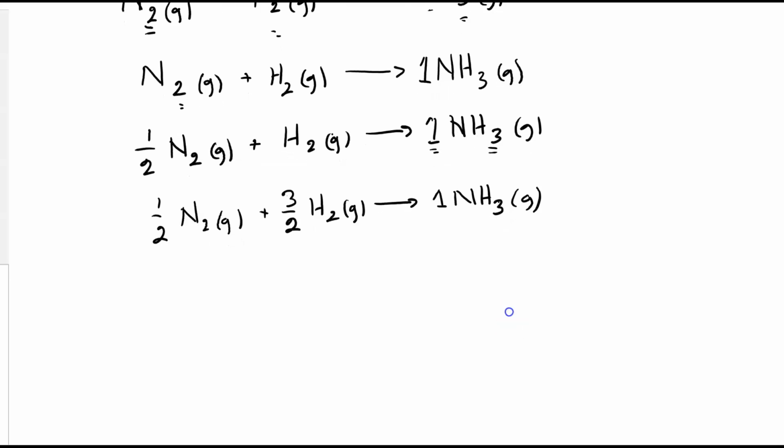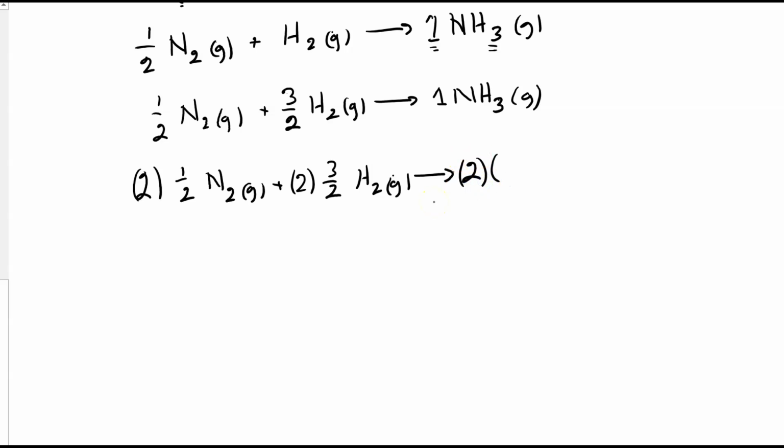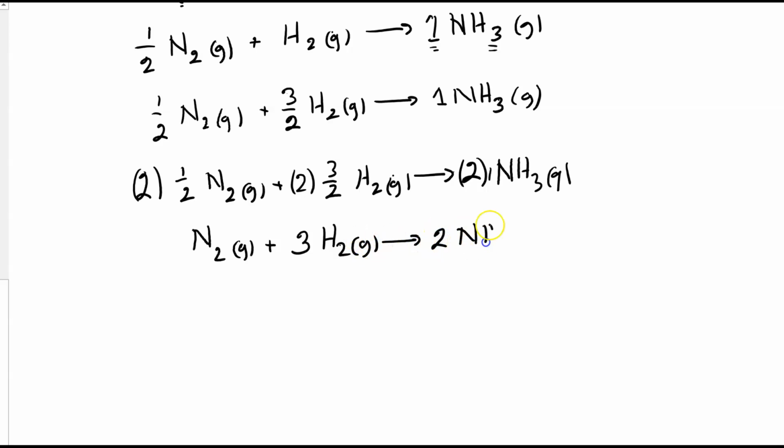In this case, it happens to be just one denominator, that's 2, so we multiply everything through by 2, and say 2 times 1/2 of nitrogen plus 2 times 3/2 of hydrogen yields 2 times 1 of ammonia, and now doing the multiplication, we have, of course, N2 gas plus 3H2 gas yields 2 NH3 gas, and you'll notice that it's balanced.